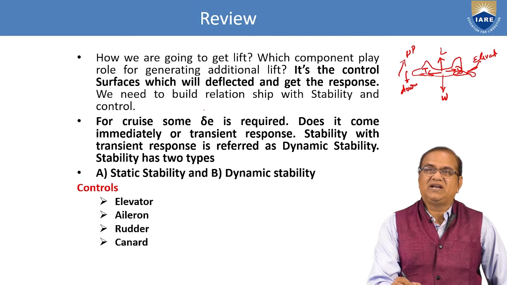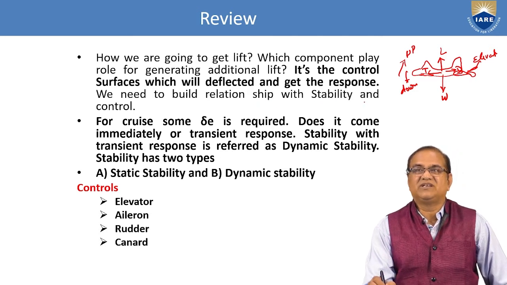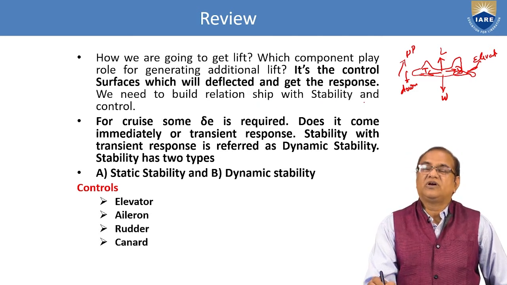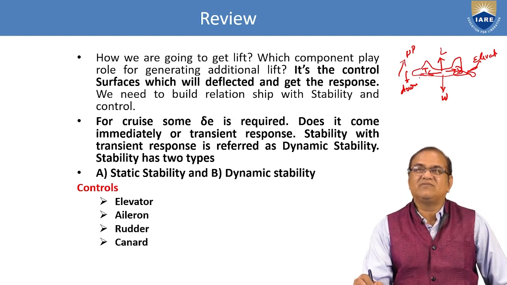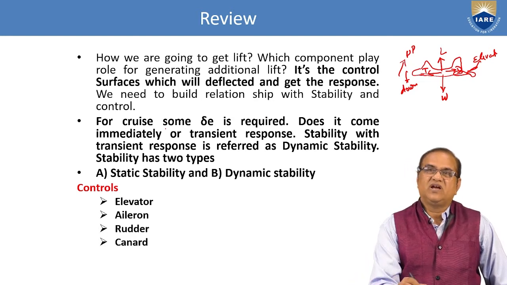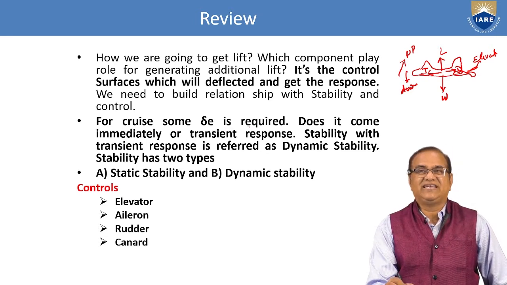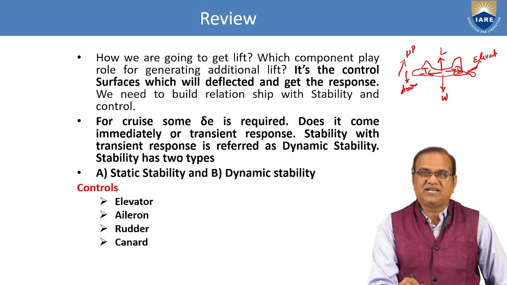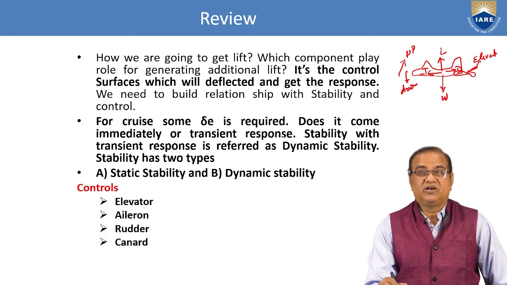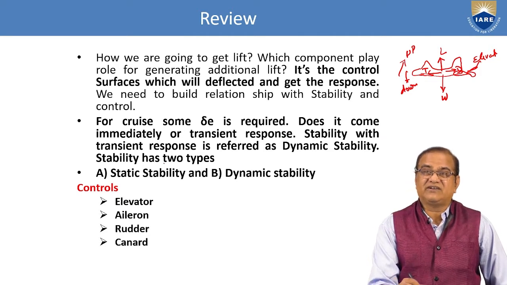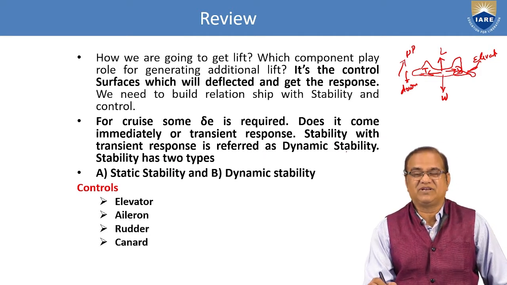So we need to build a relationship with stability and control. So you see that once I apply the control, then only stability will change. For cruise, some delta E is required. Does it come immediately, or is there a transient response? So stability with transient response is referred to as dynamic stability.